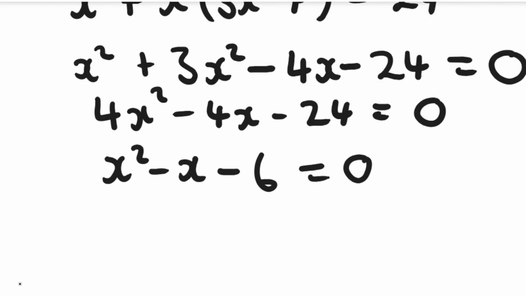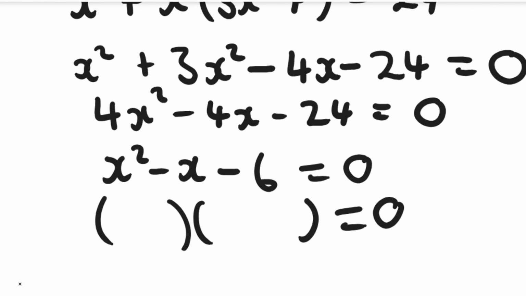Now from here we open two brackets, equate to 0. We are looking for the factors of 6 such that when you subtract them, you get 1. Those factors will be 6 and 1, 3 and 2. These are the factors of 6.